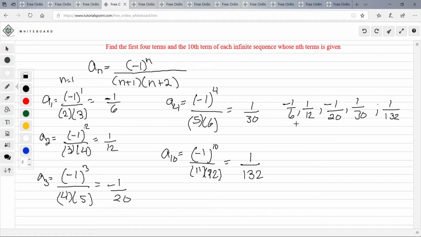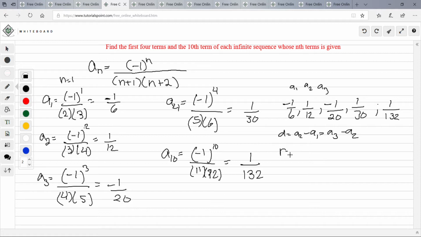Okay, as you look at this, there is no common difference or ratio, right? So this is A1, A2, A3. If you did A2 minus A1 equals A3 minus A2, I did the work and they don't equal the same.